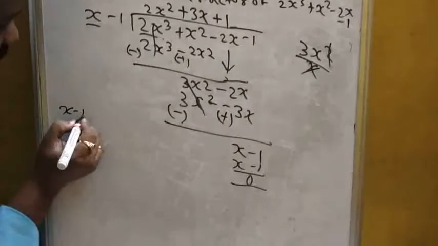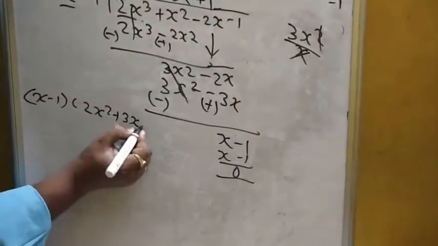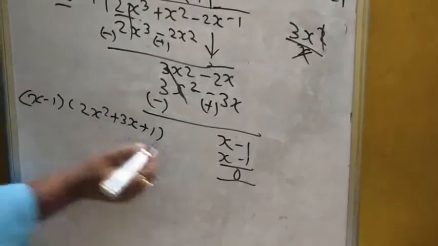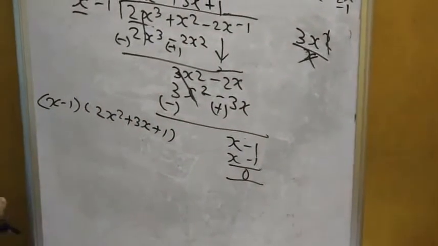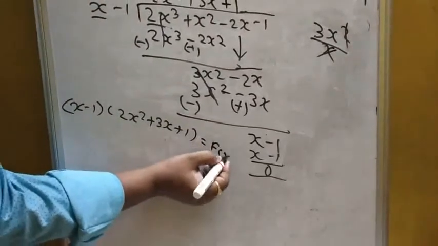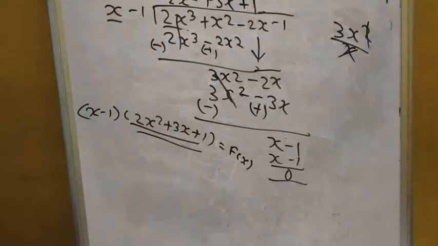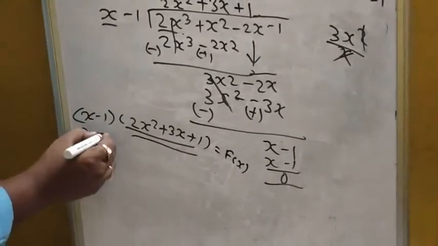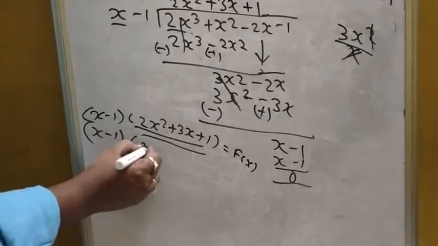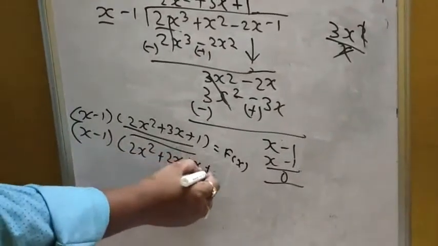Okay, so what value are we getting here? x minus 1 into 2x square plus 3x plus 1 equal to what? This total equation, okay, equal to f of x. So what you have to do? You split the middle term of this one, to x minus 1 into 2x square plus 2x plus x plus 1.